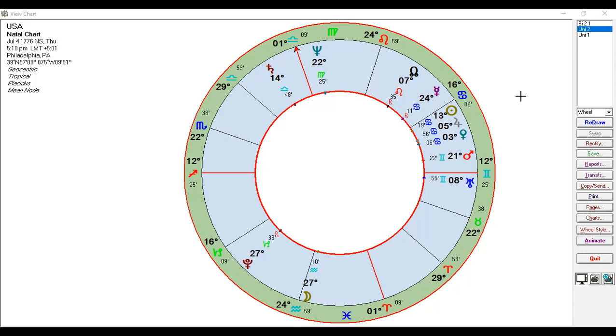And then the other planet in the United States chart that's retrograde is on the other side over there, Pluto in Capricorn retrograde. Other than the moon nodes, nothing else is retrograde. Being summer, that's interesting. None of the outer planets are retrograde other than Pluto at that time.